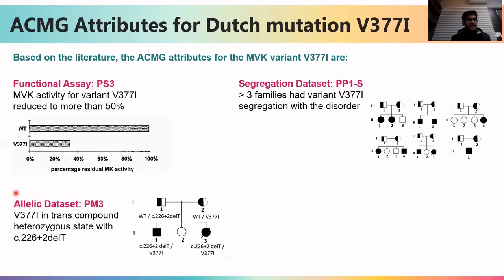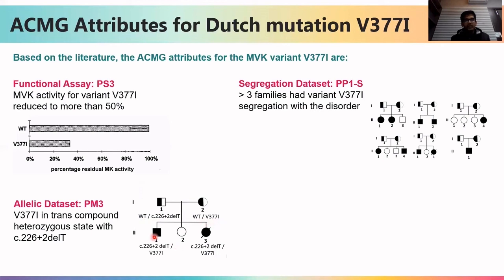Okay. Next is the allelic data set, for which I have told you about compound heterozygous. If it is trans compound heterozygous and both copies of the gene are not functioning properly, in that scenario, you will mark it as PM3. So in this pedigree, you can see that the father is heterozygous for the splicing mutation, and the mother is also heterozygous for a pathogenic mutation, that is V377I.